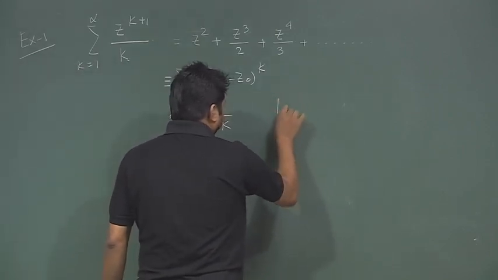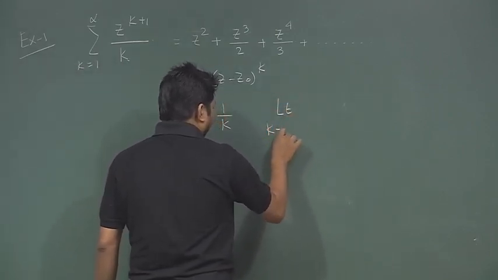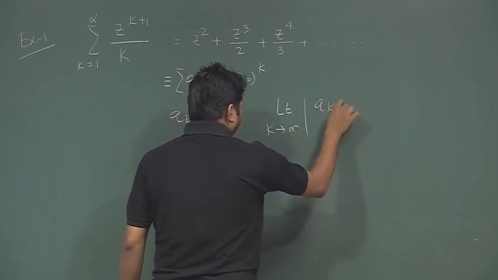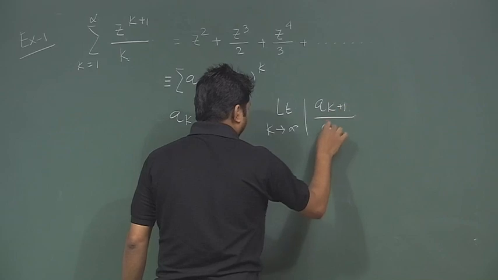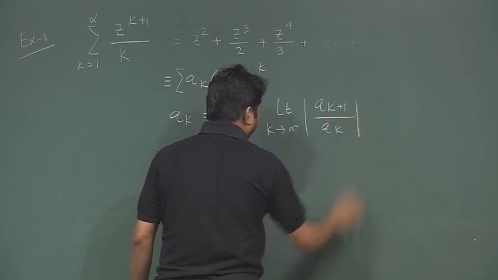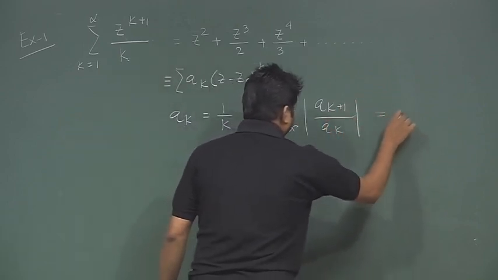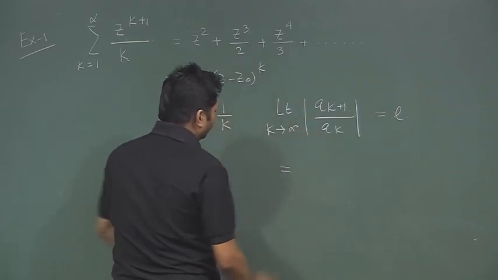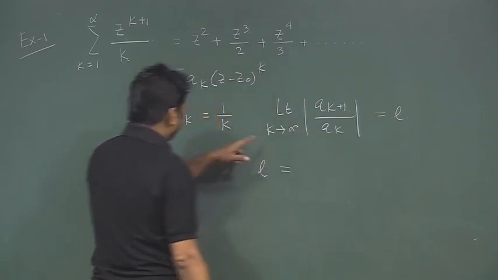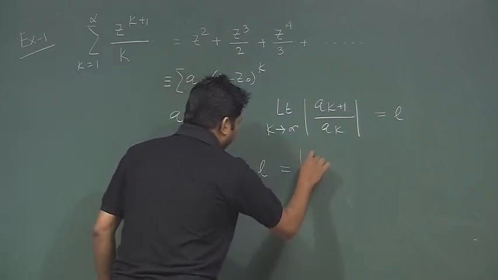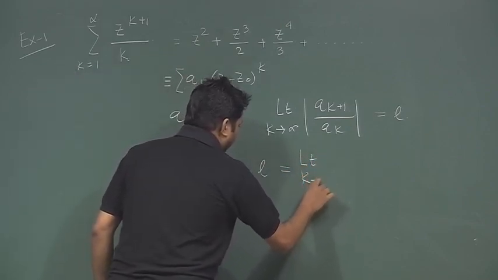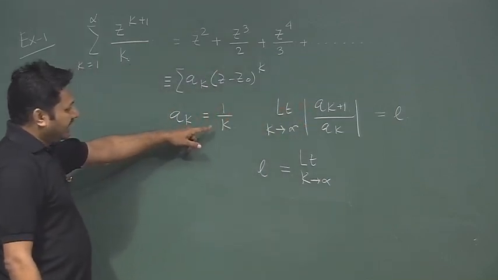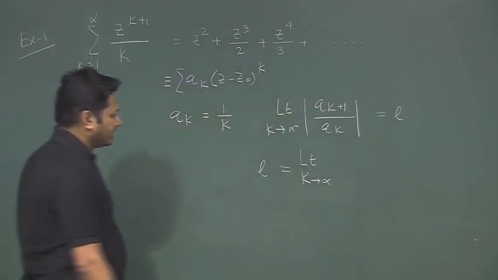So, if I find the limit as k tends to infinity of a_{k+1} by a_k, which I call L, then L comes out to be the limit as k tends to infinity, where a_k is 1 by k and a_{k+1} is 1 by (k+1).